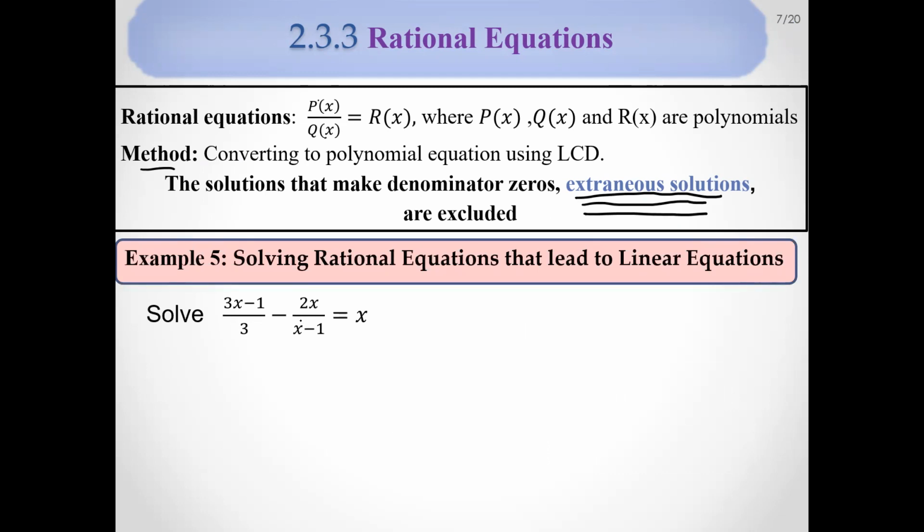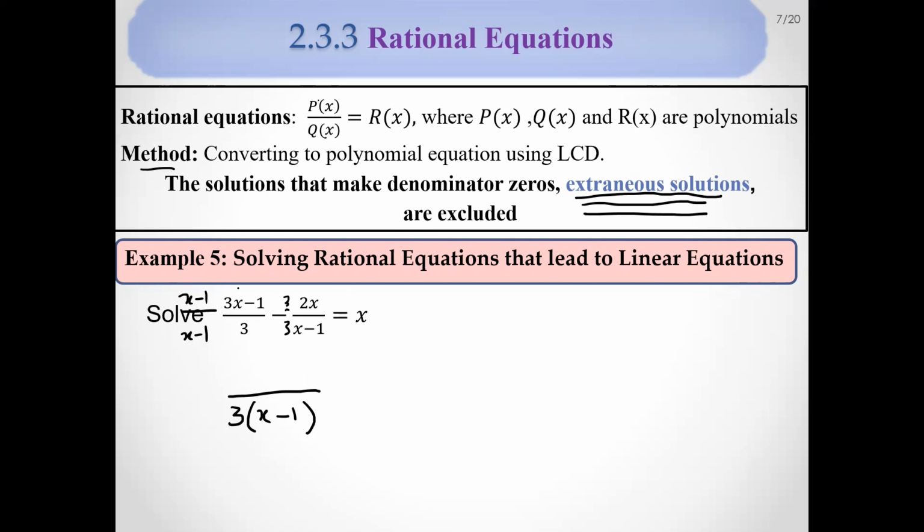So here we have fractions. So our first step is to combine the difference of fractions into a single fraction. So the common denominator is 3 times x minus 1. So here we multiply and divide by x minus 1, and here we multiply and divide by 3.